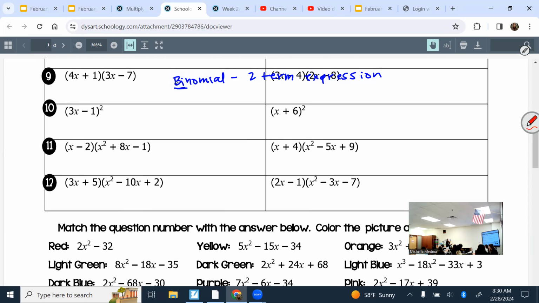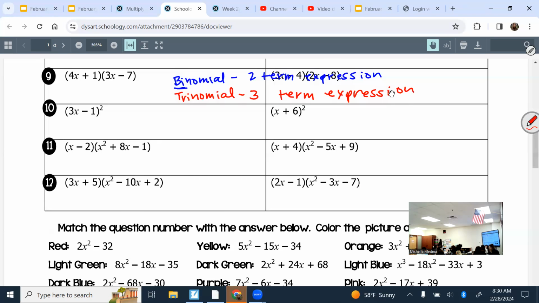A trinomial, good. That's more like a bonus learning thing. You still need to know it for your future math, but the main skill that I need you to leave with today is how to multiply 2 binomials together.